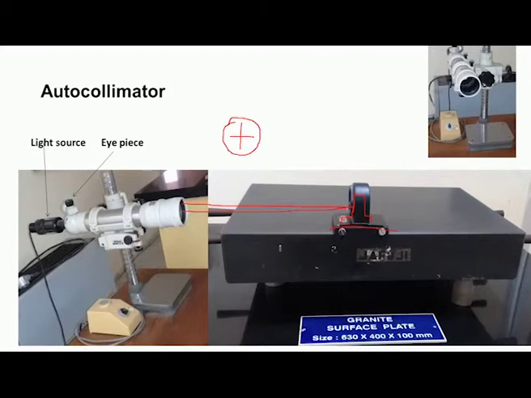So, when there is no error, that means the workpiece is perfectly straight, then this is the incident ray and this is the reflected ray, they will get combined, and we get the spot in this place. If there is any inclination, light will move in this path and this spot will move like this. So, this distance we can read using the eyepiece.